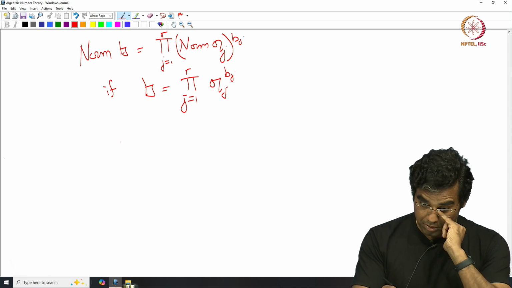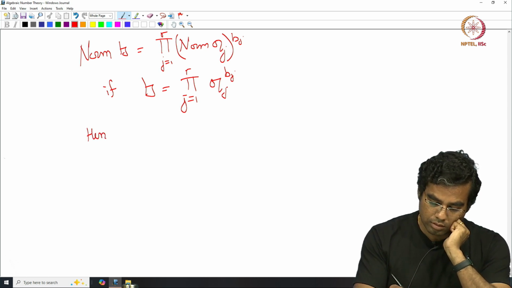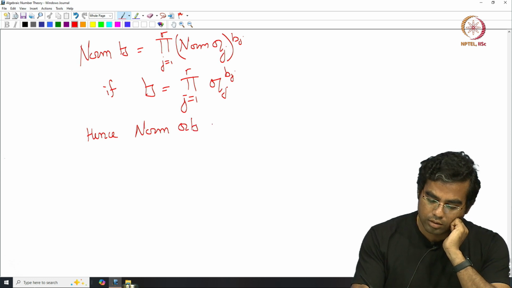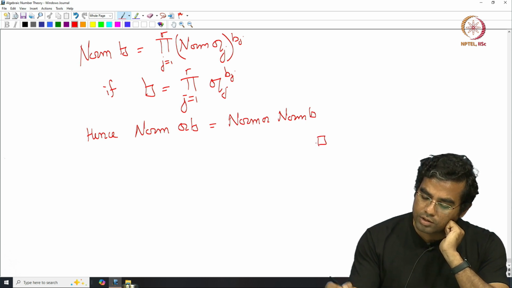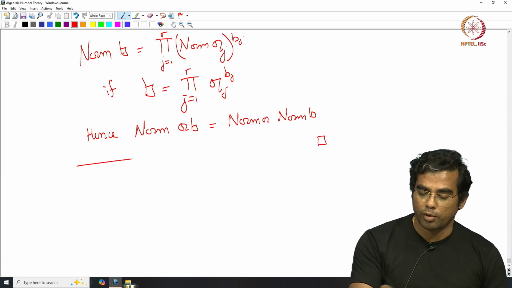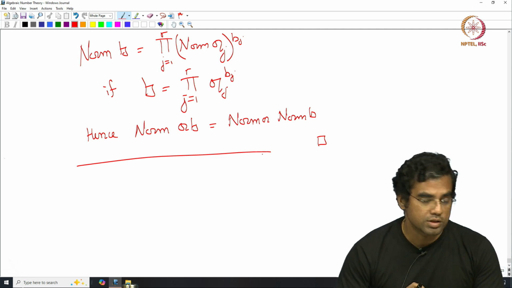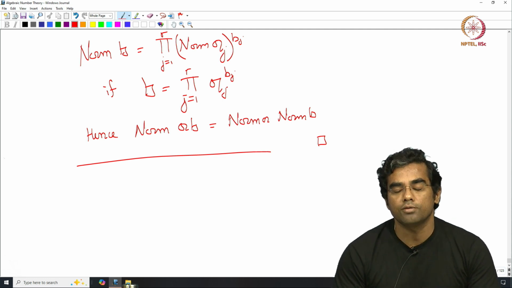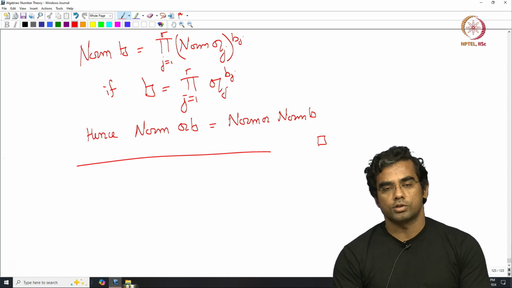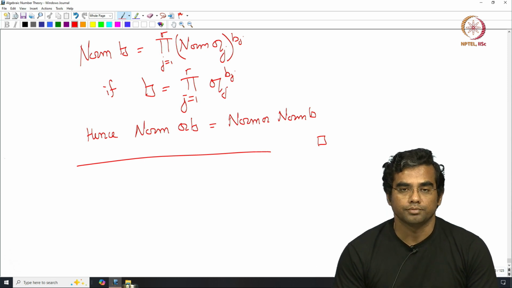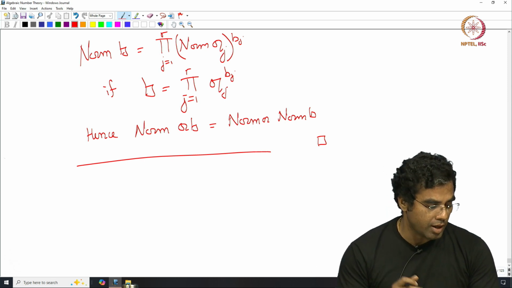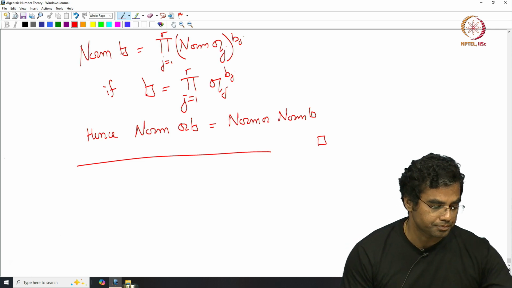And hence the norm of AB is equal to the norm of A times the norm of B. So, we get this very nice multiplicative property for norms. Just like we have a multiplicativity property for norms of elements, we also have a multiplicativity property for norms of ideals, the absolute norm defined this way.